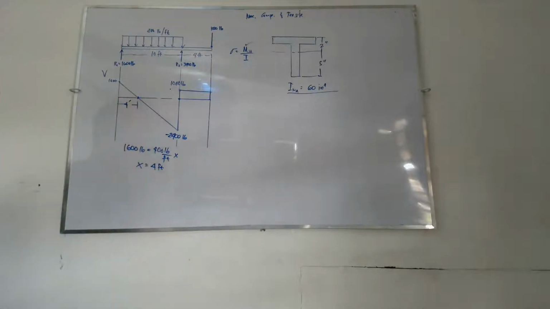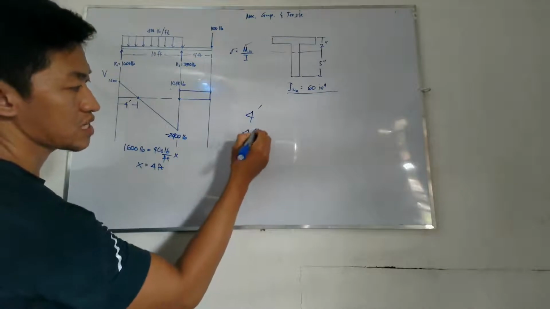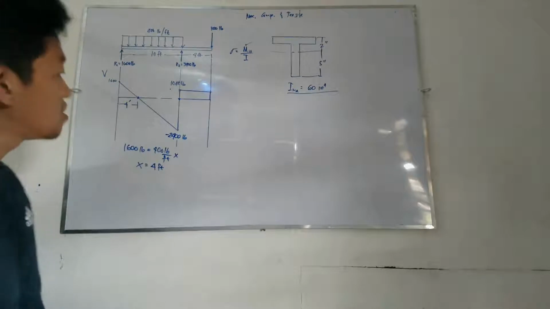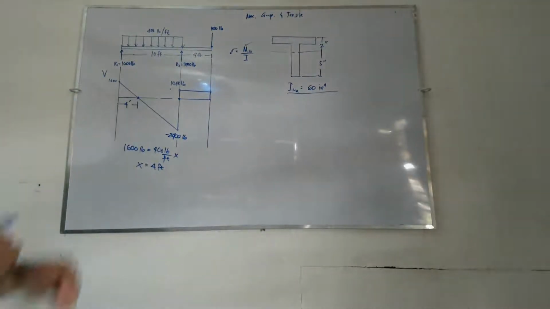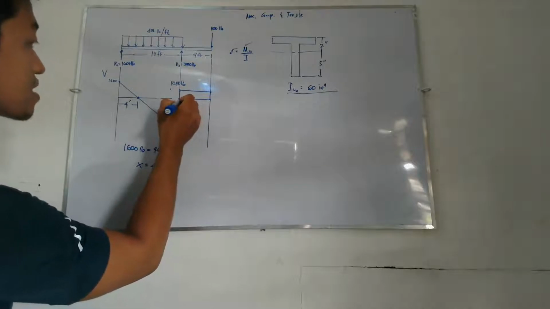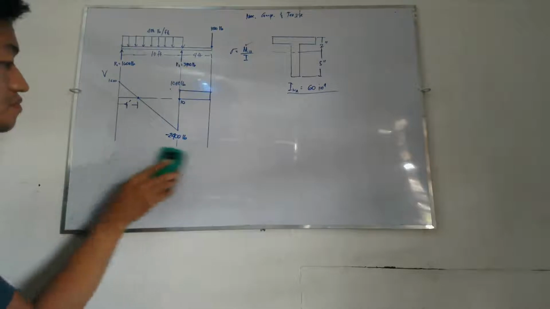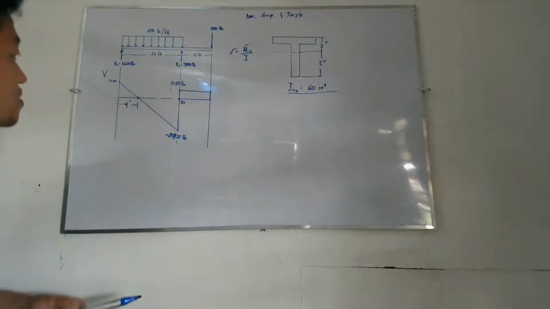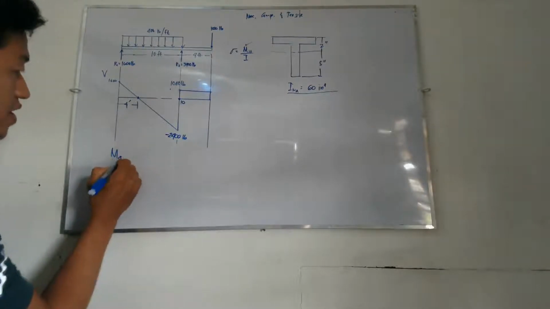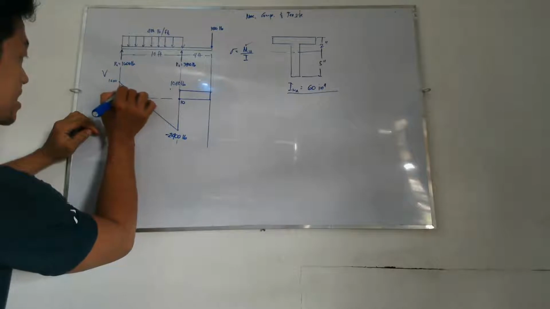Kanang isa ka guhit, feet ang pasabot ana, no? 4 feet, 4 inches kung duha ka guhit. Okay. So naa dire, x equals 10. So ang moment at 4 is equivalent ani nga area.